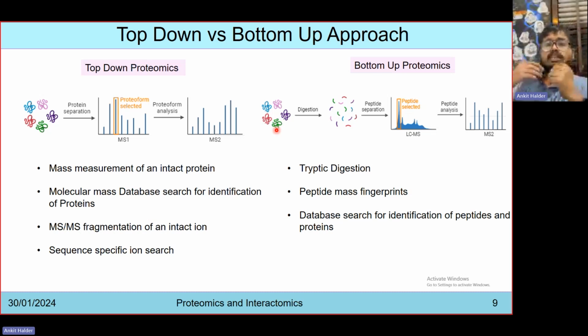Once we get the sequence of the peptide, we can easily try to match it with the proteins, because every protein has certain sequences and certain peptides are unique to a particular protein.